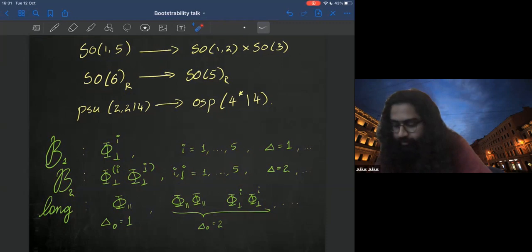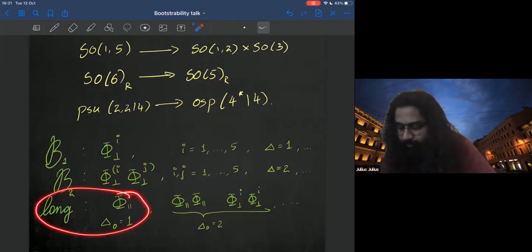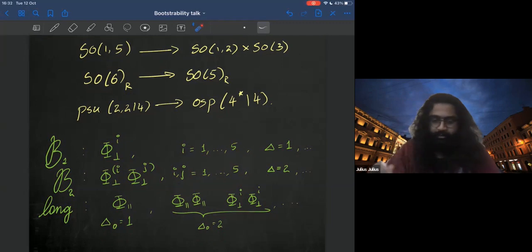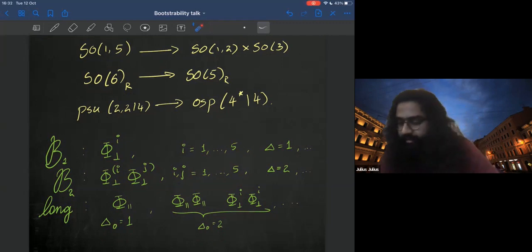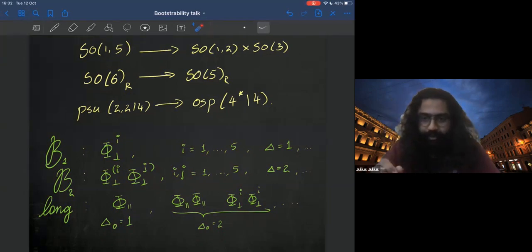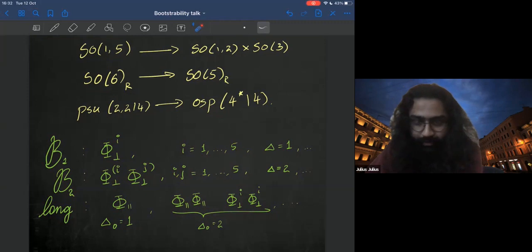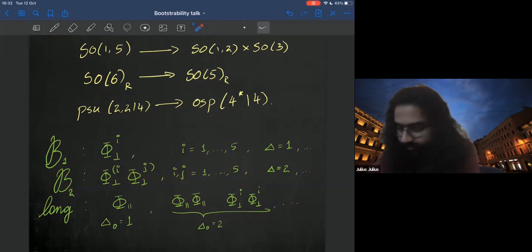But of particular interest to us are the long multiplets. The long multiplets are those which don't have protected scaling dimension. So these are operator insertions on the Wilson line which are not protected. In principle, we don't know non-perturbatively what their scaling dimension would look like. Or said in another way, we need to figure out what the scaling dimension looks like.